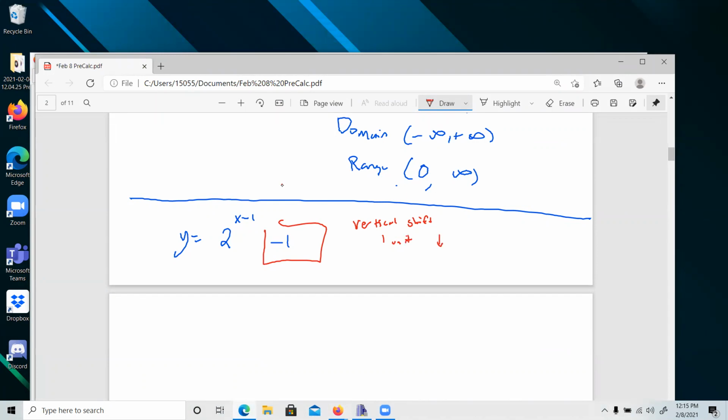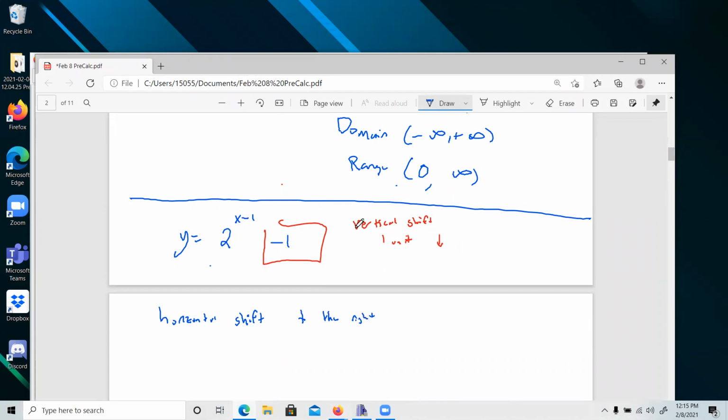Now, this one is a little tricky. It is a horizontal shift, right? And it's opposite, so you're going to remember and say that this is going to be 1 to the right. This is a horizontal shift to the right.